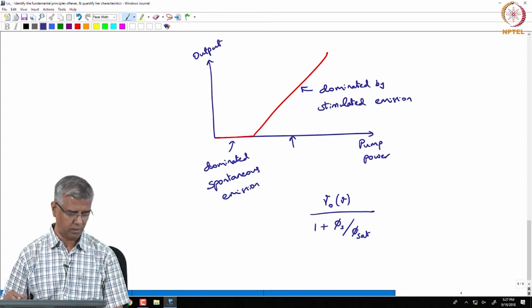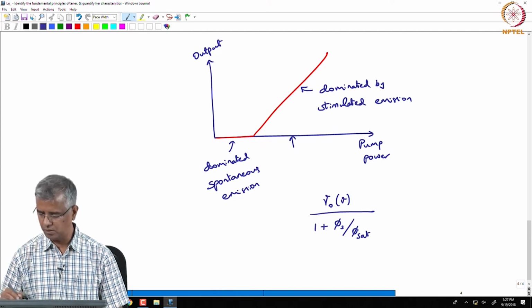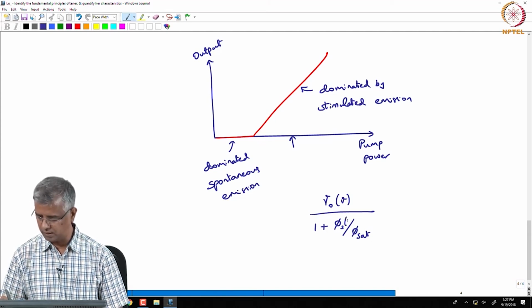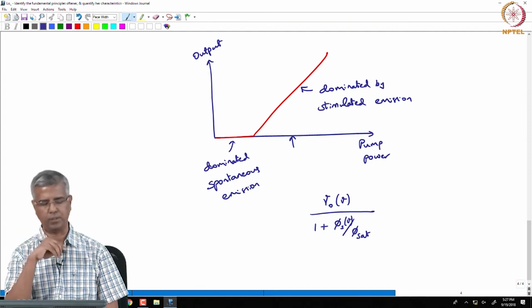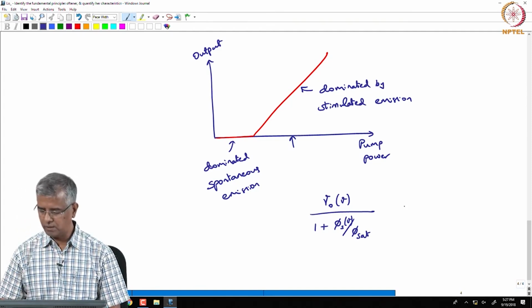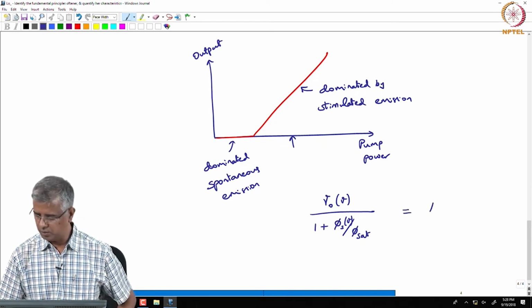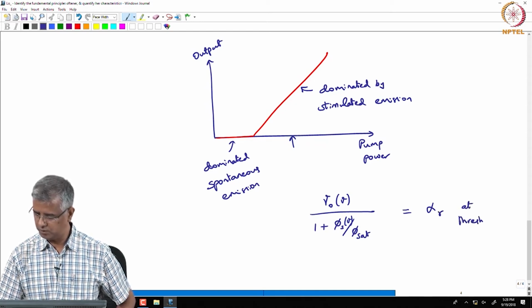And the signal flux is actually a function of frequency as well, right? So this has got to be equal to alpha r at threshold.